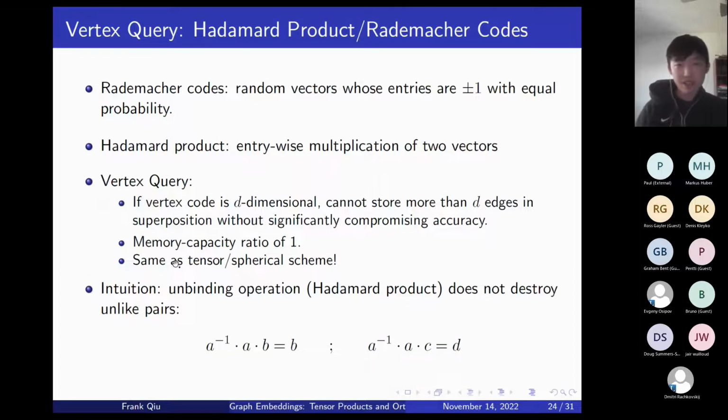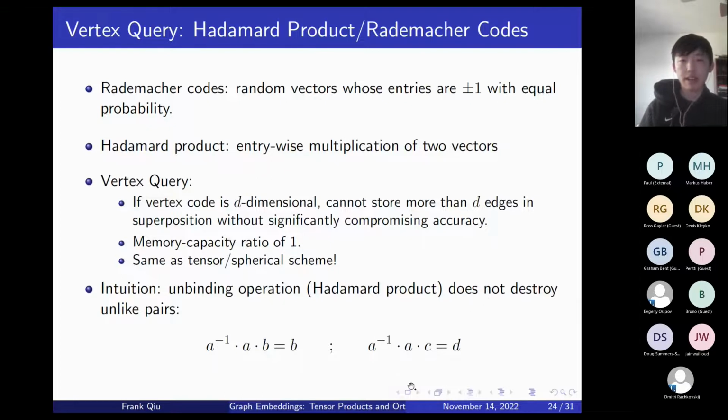So in actuality, if you consider not only the savings in dimension, but also the penalty in capacity, the Hadamard product with Rademacher codes performs the exact same as the tensor product and spherical scheme. And so what's the intuition? The unbinding operation for the Hadamard product doesn't have destructive interference.